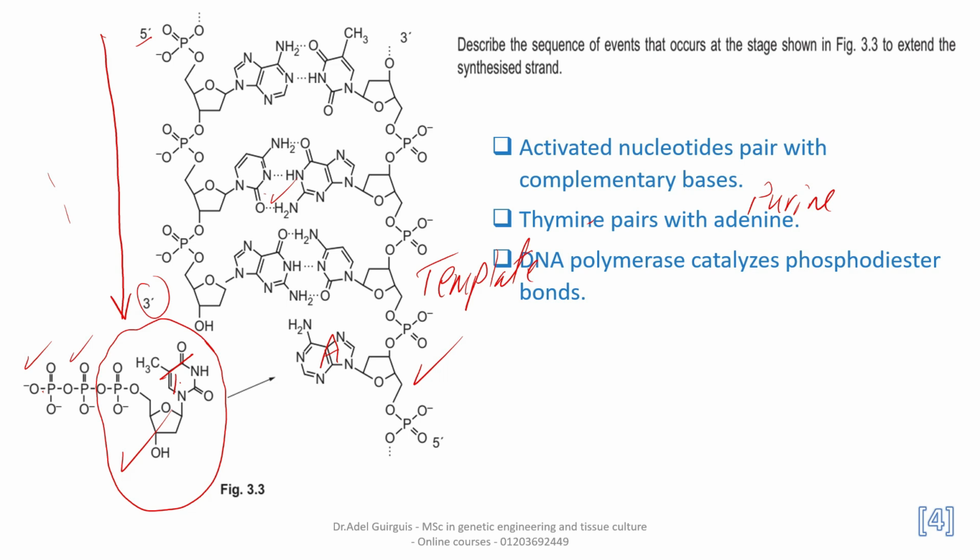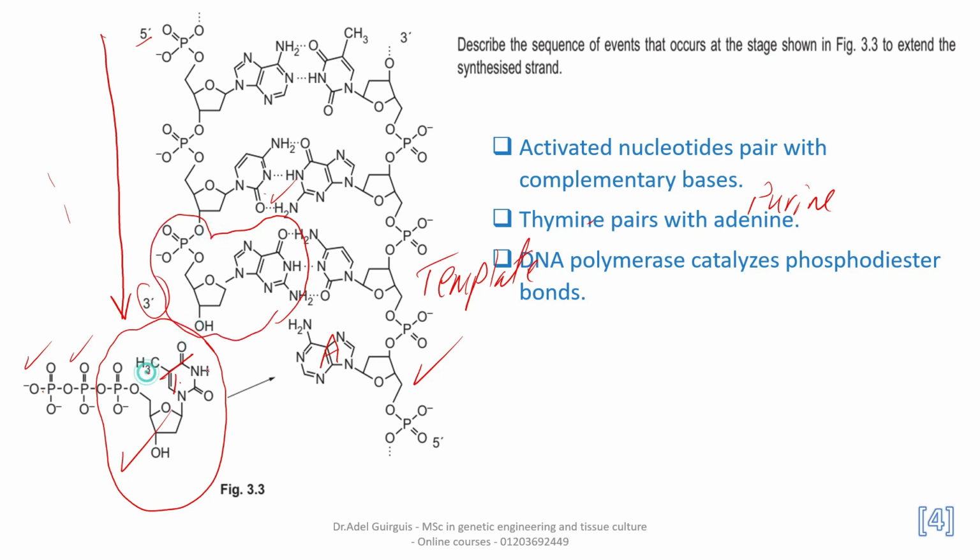After pairing, an essential enzyme called DNA polymerase, whose direction is 5' to 3', joins this nucleotide, look at this previous nucleotide, with the next one.